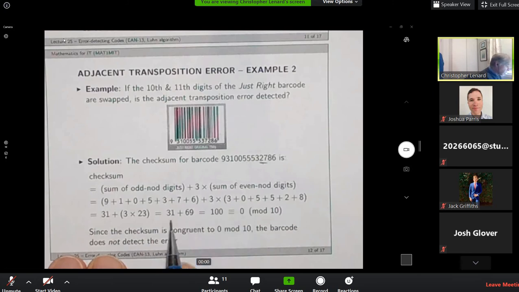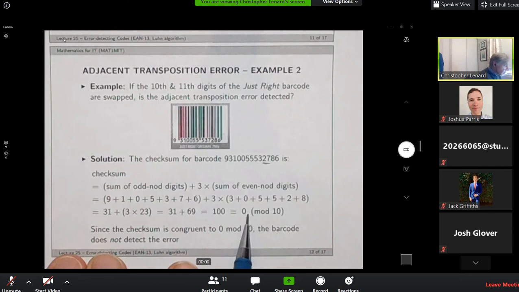And you think, oh, no mistake. So what's happened is that this transposition has not been detected because it comes out as being a valid checksum digit.